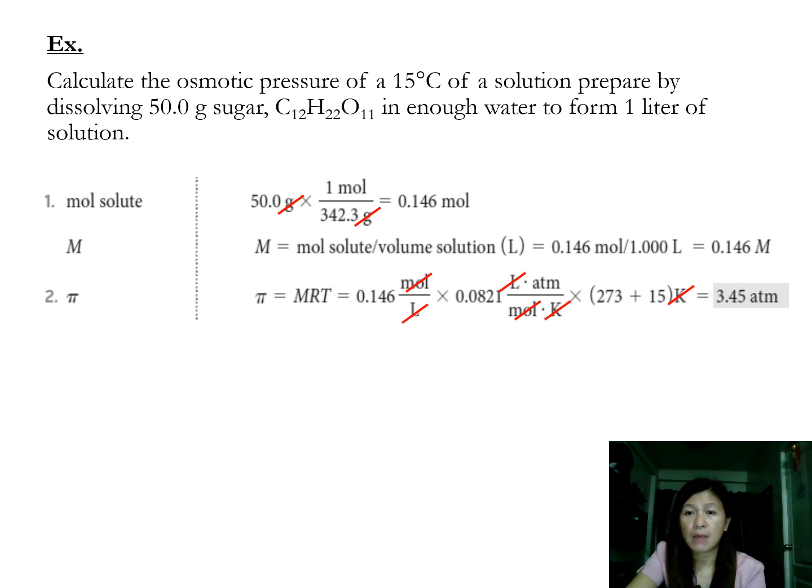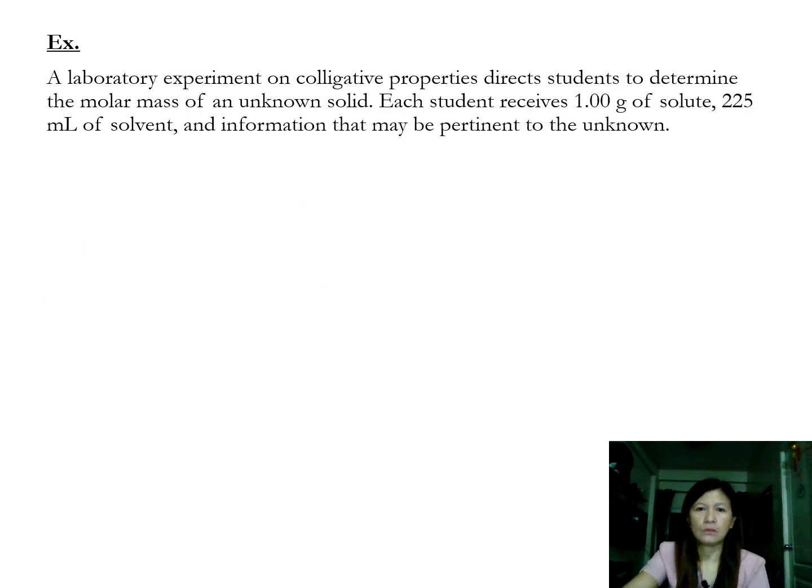We have atm left as the final unit. Doing the operation 0.146 times 0.0821 times 278, that will give us a total of 3.45 atm. That now is the osmotic pressure of the solution.